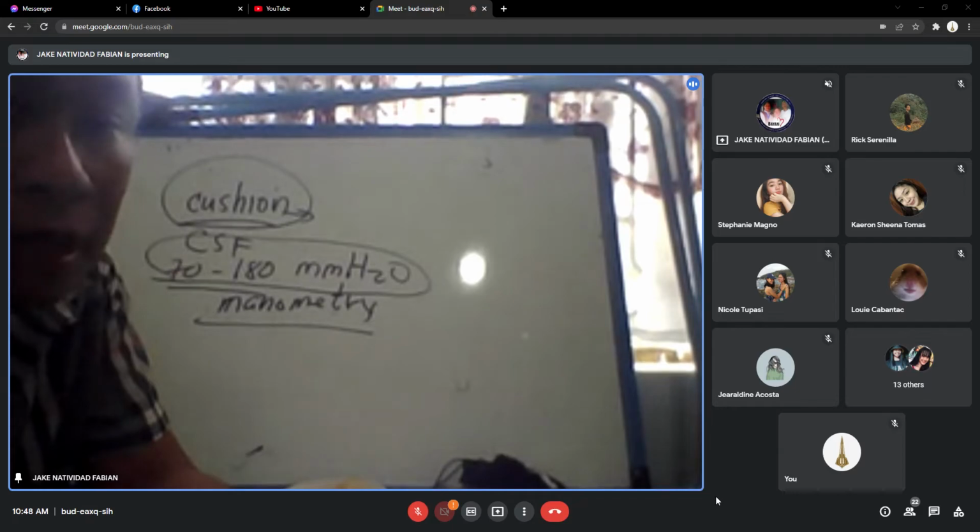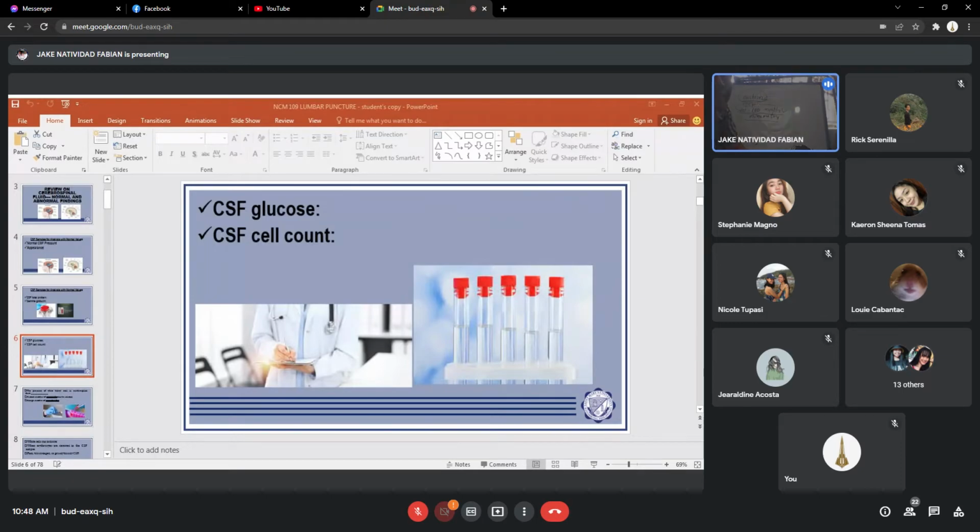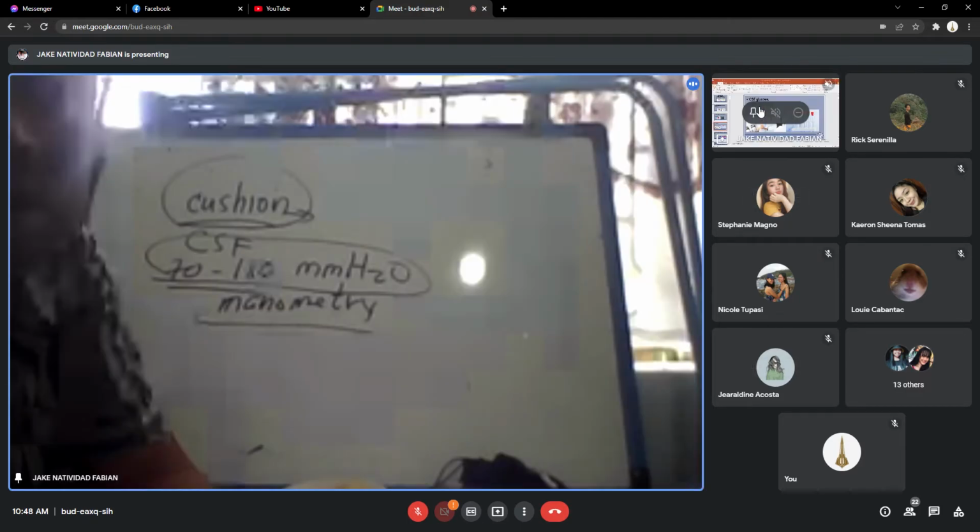And the normal CSF cell count is that for red blood cells, there should be no red blood cells in your cerebrospinal fluid. If red blood cells are present, then that suggests now possible bleeding, cerebral hemorrhage, or even intracranial hemorrhage. Okay, there should only be about 0 to 5 WBC.